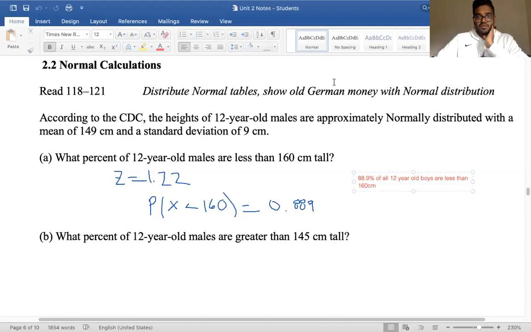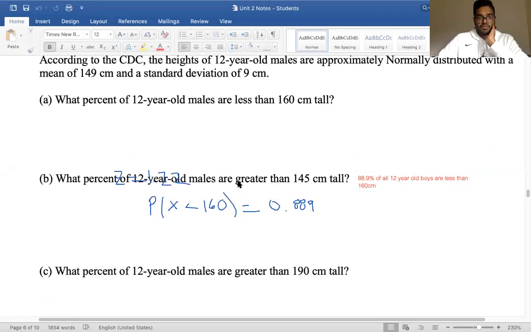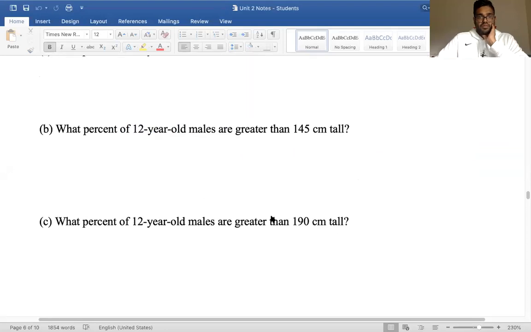Let's look at another example. What percent of 12-year-old males are greater than 145 centimeters tall? Same sort of setup, right? Z equals, and on the AP exam, they want you to write the equation too.